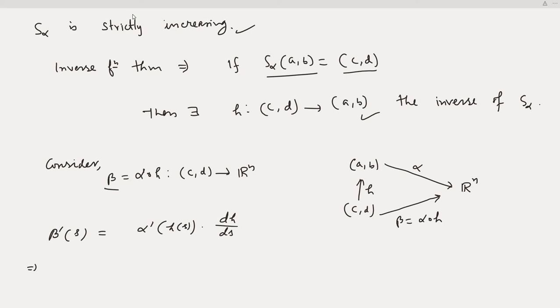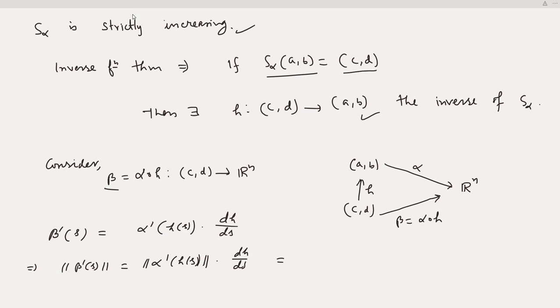This implies norm of beta prime of s is equal to norm of alpha prime at h of s times dh/ds.